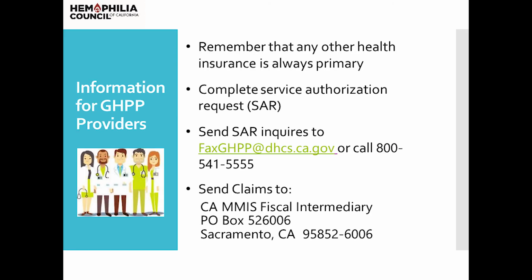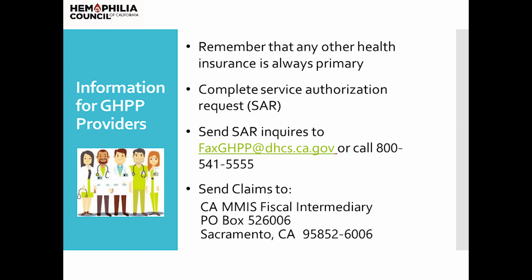So to this slide, for information for the GHPP providers who may be on the call, remember that any other health insurance is always primary. So if you have a private coverage plan through either your employer or the patient's employer, or the patient has Covered California, you would bill that first as a provider and then GHPP secondary. If you have Medi-Cal, you'd bill Medi-Cal first as well.